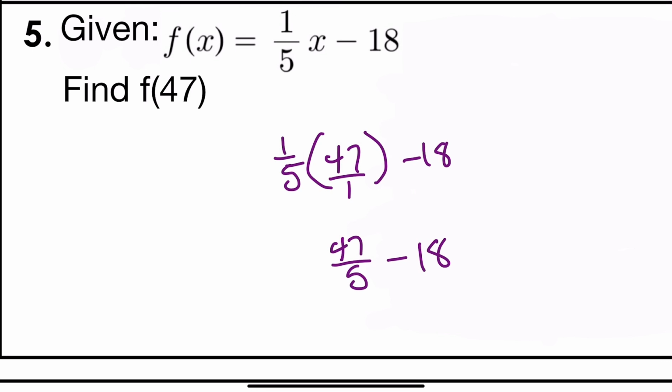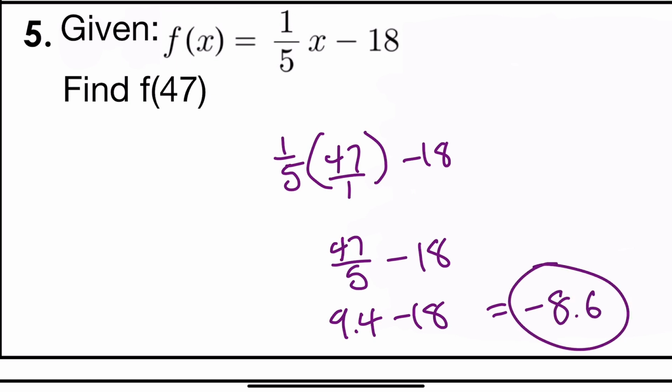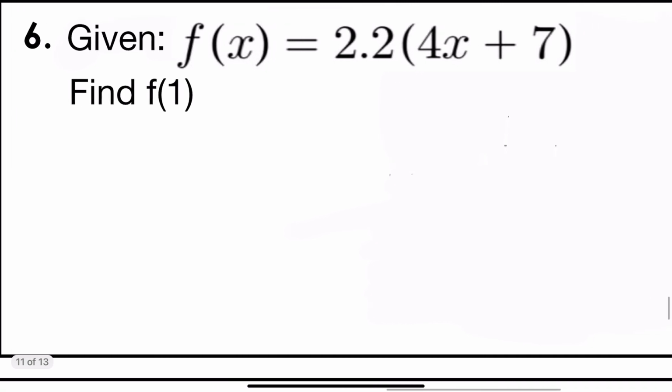And that will be 9.4 minus 18. And that will be equal to negative 8.6. So you're just going through and you're just simplifying it until you get to one number. That's basically it.